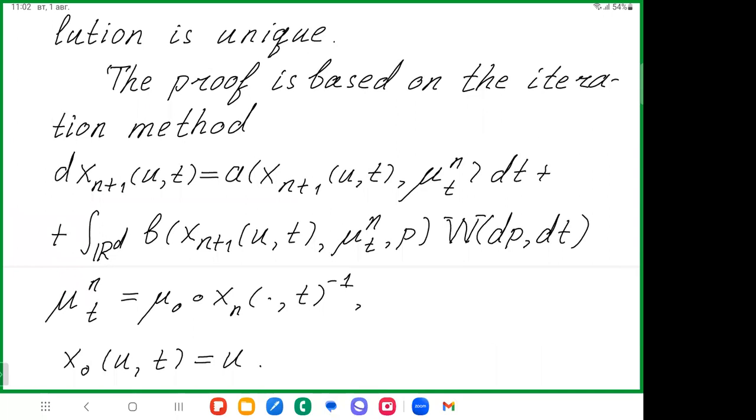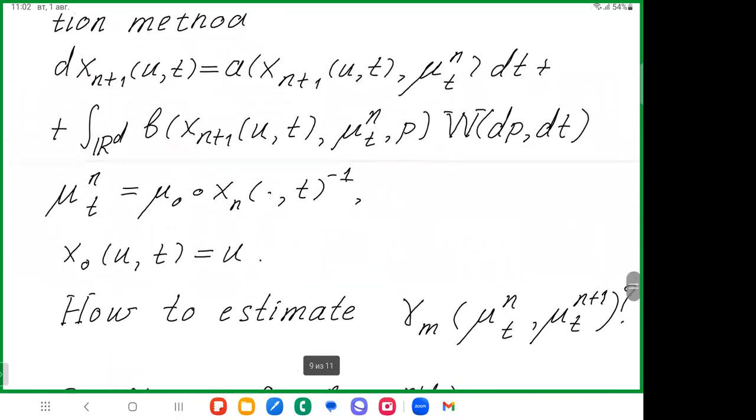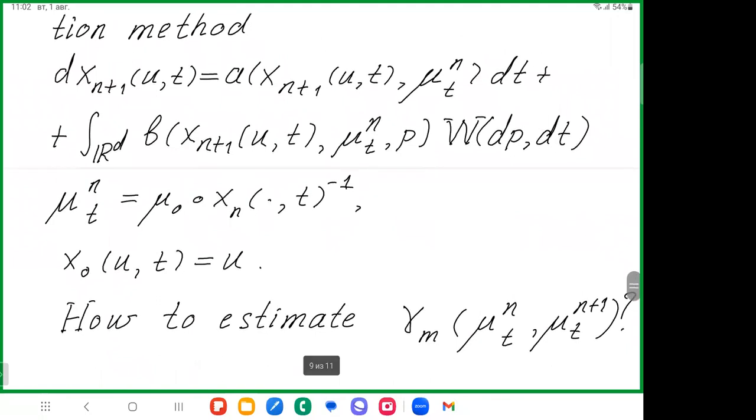And maybe it is reasonable that when estimating the difference between xn+1 and xn, we will use the Lipschitz condition for coefficients, and we will get the distance between the measures mu tn and mu tn minus 1, for example. How to estimate this distance? Yesterday we have seen that the Wasserstein distance is defined in a complicated way.